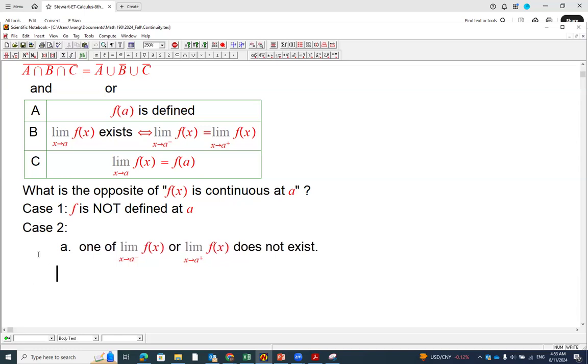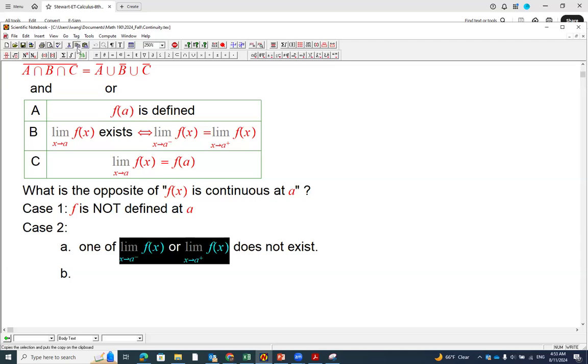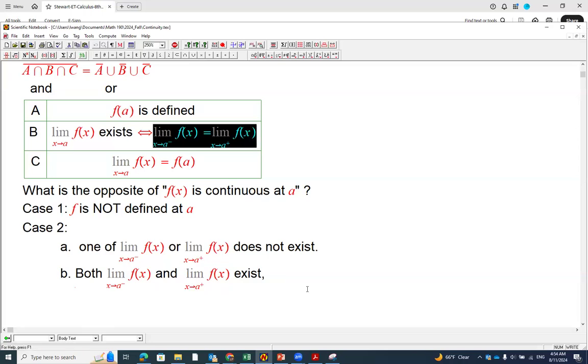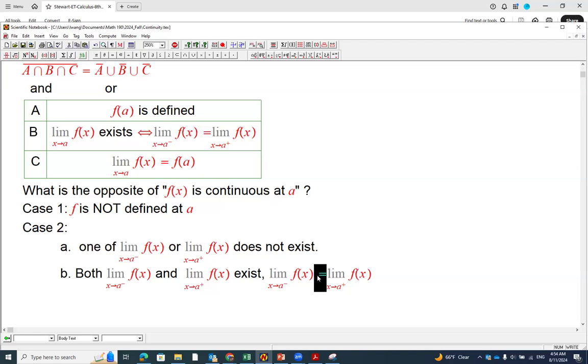And secondly, it could be that both of the limit from left and limit from right exist, but they're not equal.